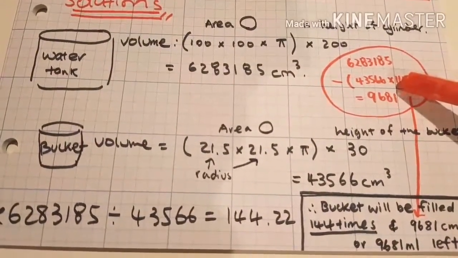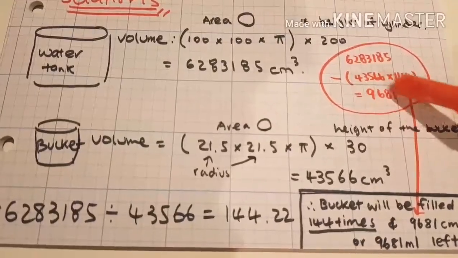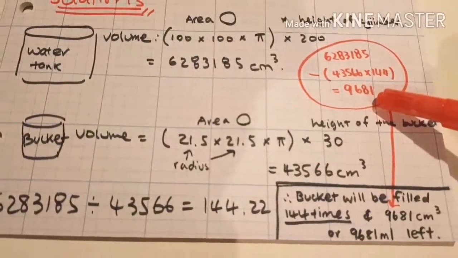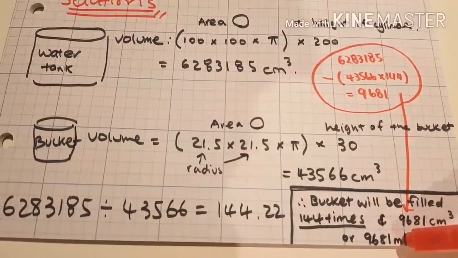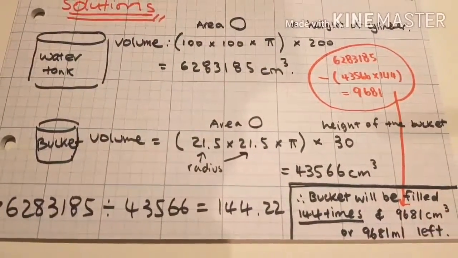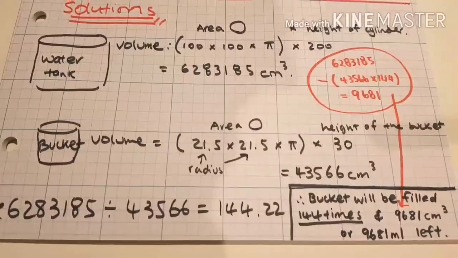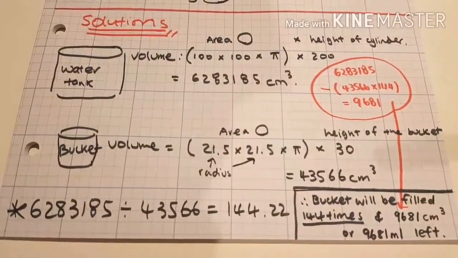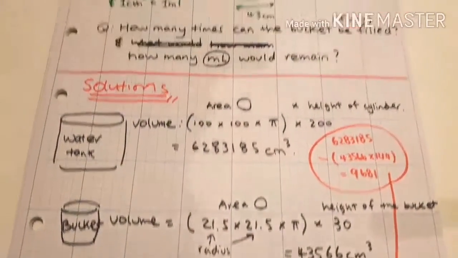Then you'll have the remainder after doing so, which is 681 milliliters. Okay, since it's water, we'll go by milliliters. Okay, so that was the solution for the challenge, the very last one.